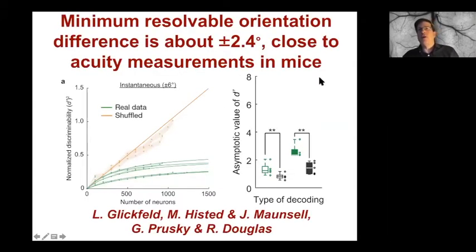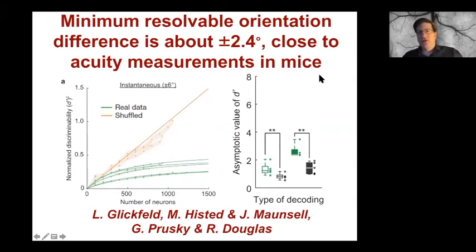Okay, from these data, we were able to estimate what might be the minimum resolvable orientation difference that the mice could discern. So what might be the smallest angular difference that one might be able to distinguish based on the neural ensemble responses and the D prime values that we were getting.